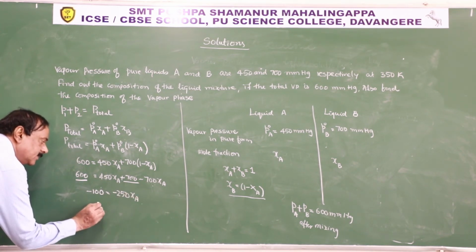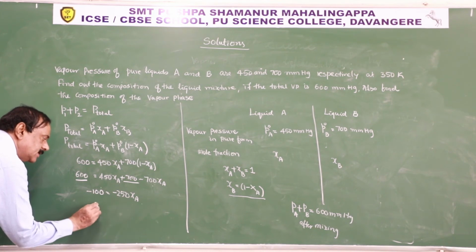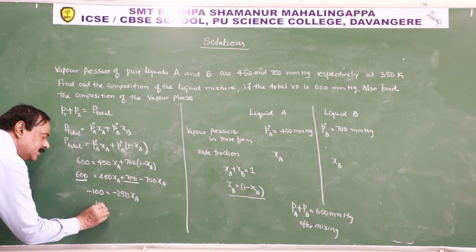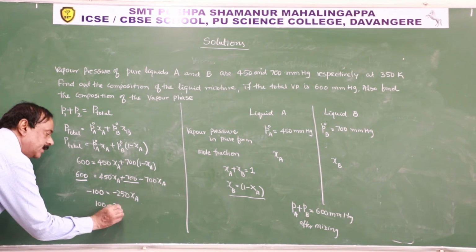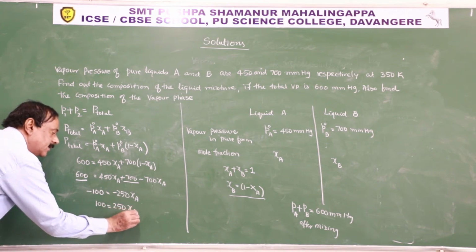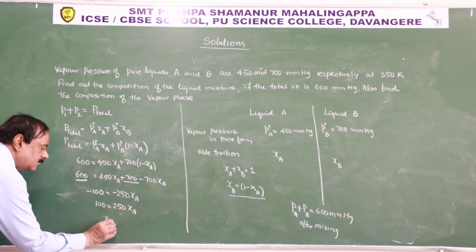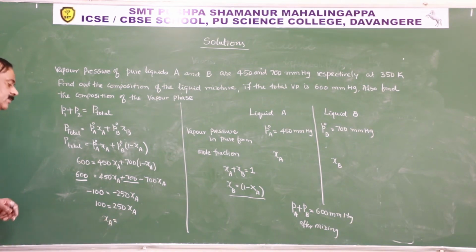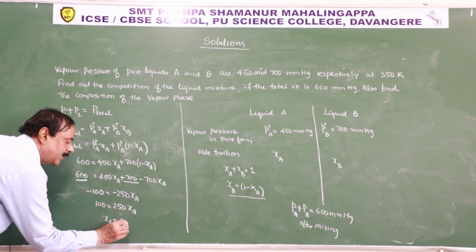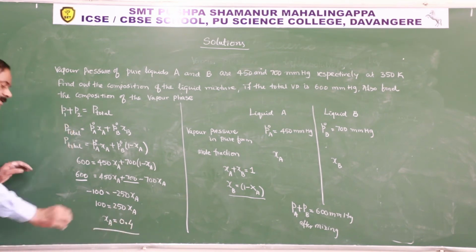Or minus 100 is equal to minus 250 into XA. What about the value of XA?